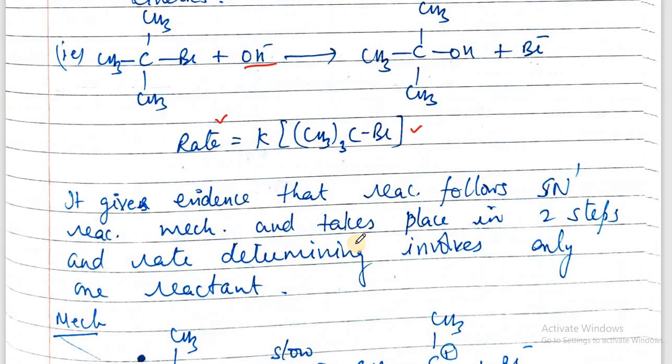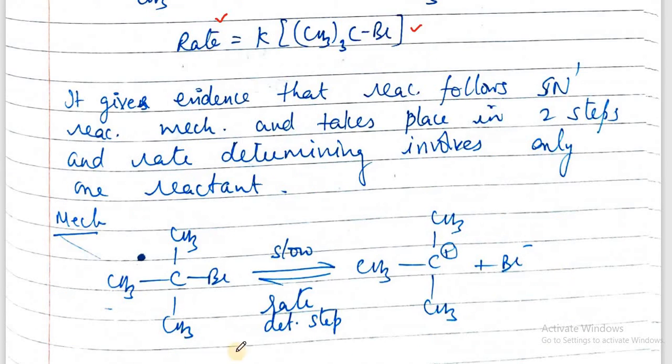So it gives the evidence that the reaction follows the SN1 reaction mechanism and takes place in two steps, and the rate determining step only involves one reactant. This we can see here: first this halide forms this carbocation plus bromide, and this carbocation is a stable carbocation as it is a tertiary carbocation, and this step is the slow step, and the slow step is the rate determining step.